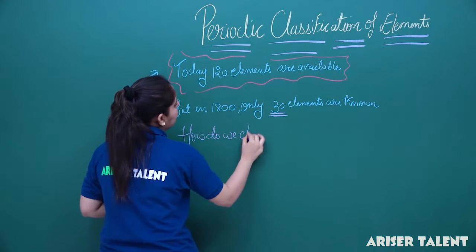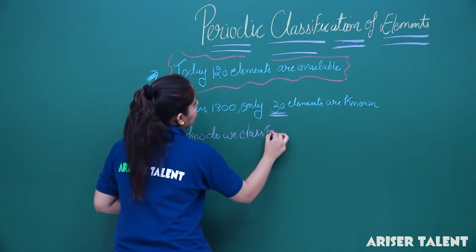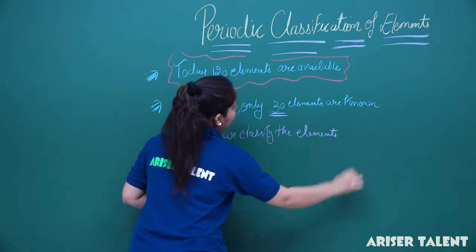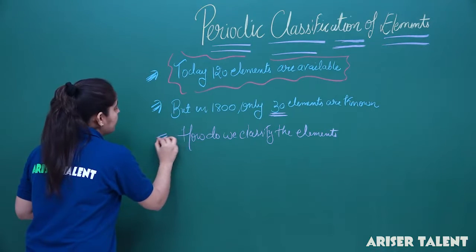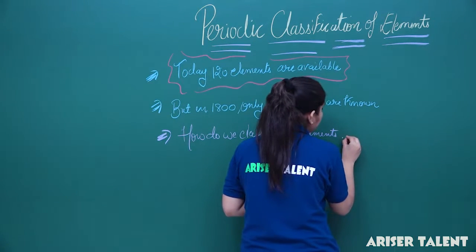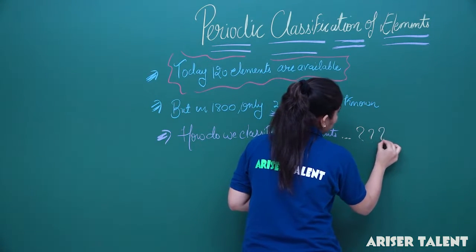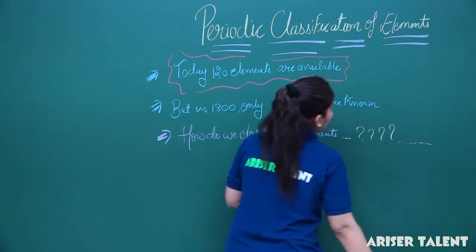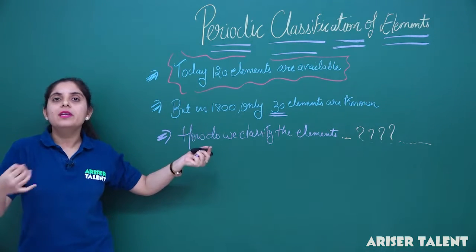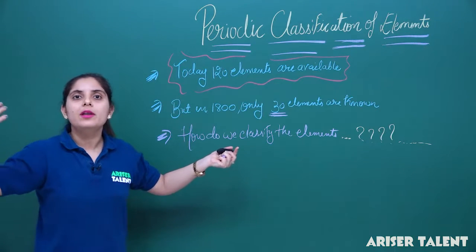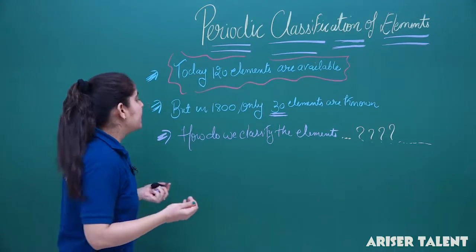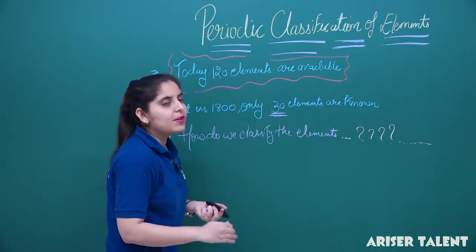This question, how do we classify the elements, was the biggest problem for the scientists. As more and more elements are discovered, it becomes very difficult to arrange them in any format. So there is a need for classification.